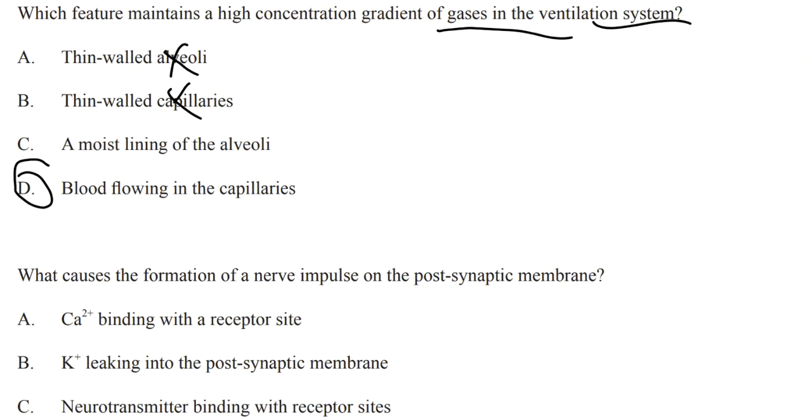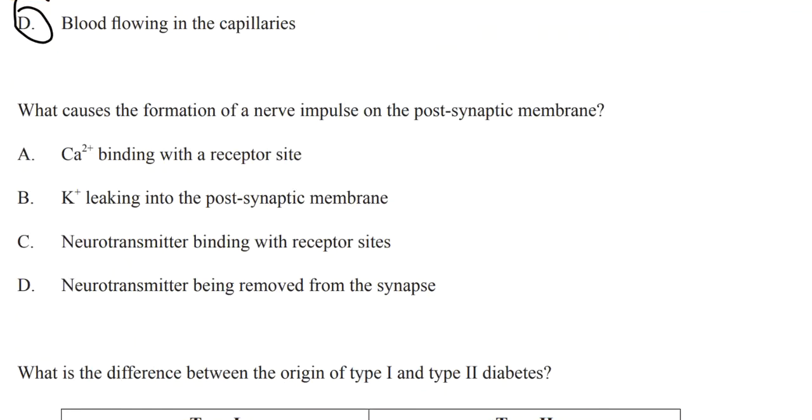What causes the reformation of nerve impulse on the postsynaptic membrane? Ca2+. Neurotransmitter being removed from the synapse, I believe it is to do with Ca2+. It's definitely not this option, because there's no leaking into the postsynaptic membrane.